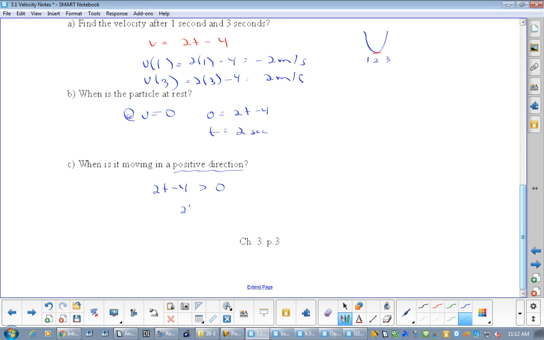When 2t is greater than 4, t would be greater than 2. Okay.